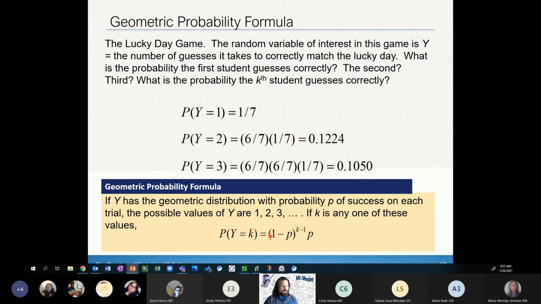Here 1 minus p is the probability of failure, raised to the power of the number of failures, times the probability of success. The probability of success will always have the power of 1. It will only be multiplied by once. Is there anything I can clarify about this example or the formula?